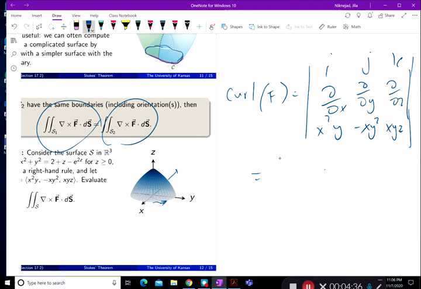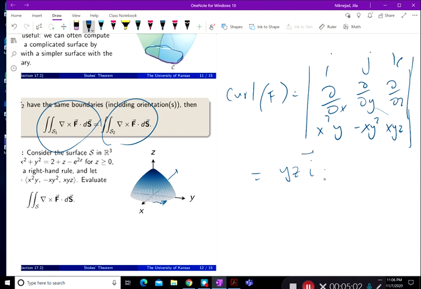And that would make it two partials: the partial of x y z with respect to y, which is y z, minus the partial of negative x y squared with respect to z, which is 0.